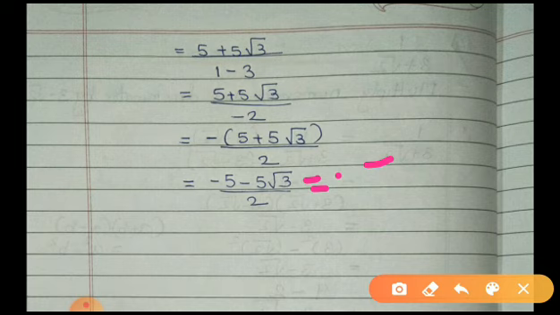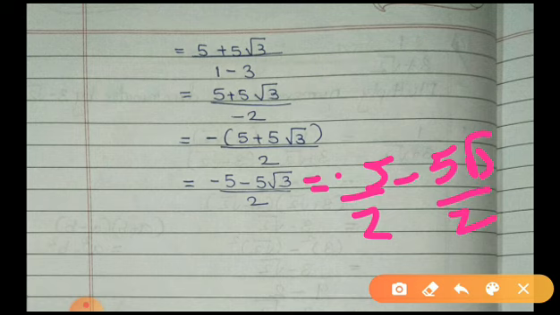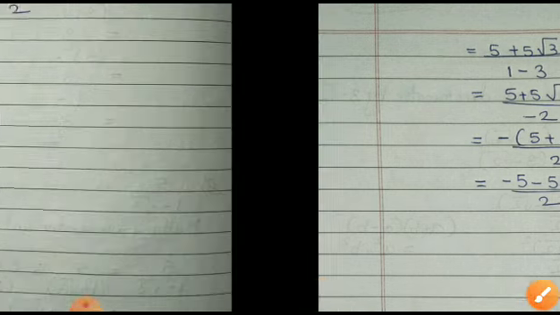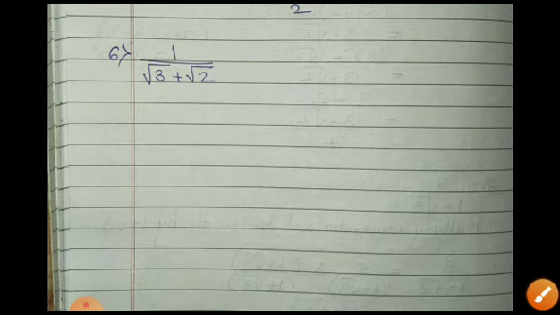So it is minus 5 by 2 minus 5 root 3 by 2. Separately I have given that 2. Okay. So either stop here or you can write this next step. Clear?